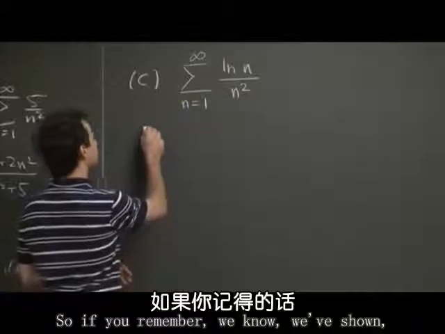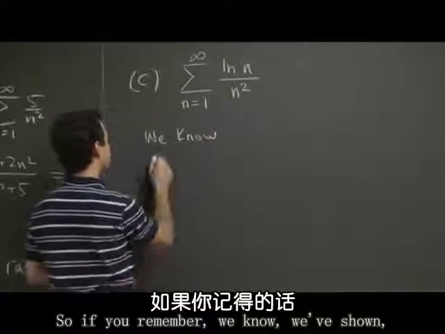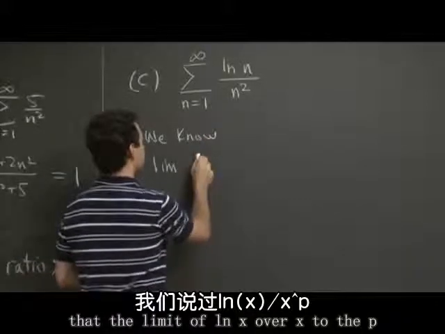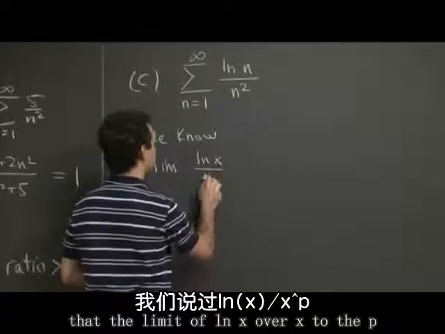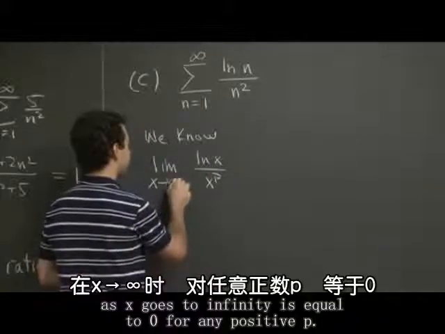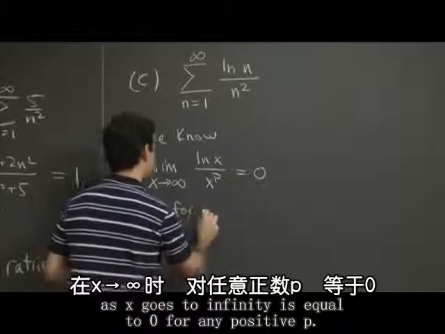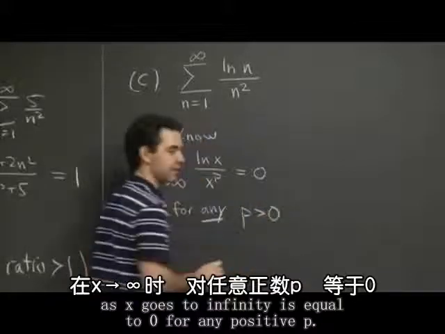If you remember, we've shown that the limit of ln x over x to the p as x goes to infinity is equal to 0 for any positive p.